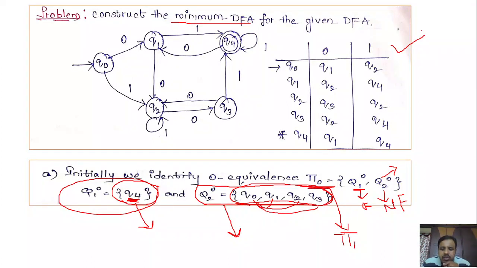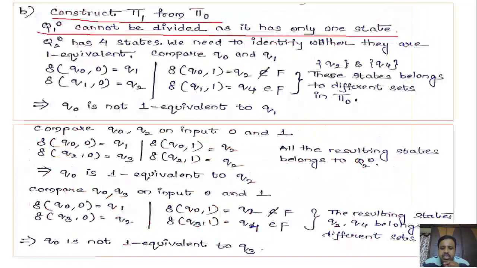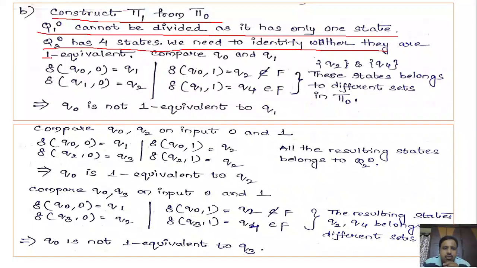We take each pair of states from the set and check the property. Here q2 power 0 has 4 states. We need to identify whether they are one equivalent or not, which means whether they are equivalent in pi 1 or not.